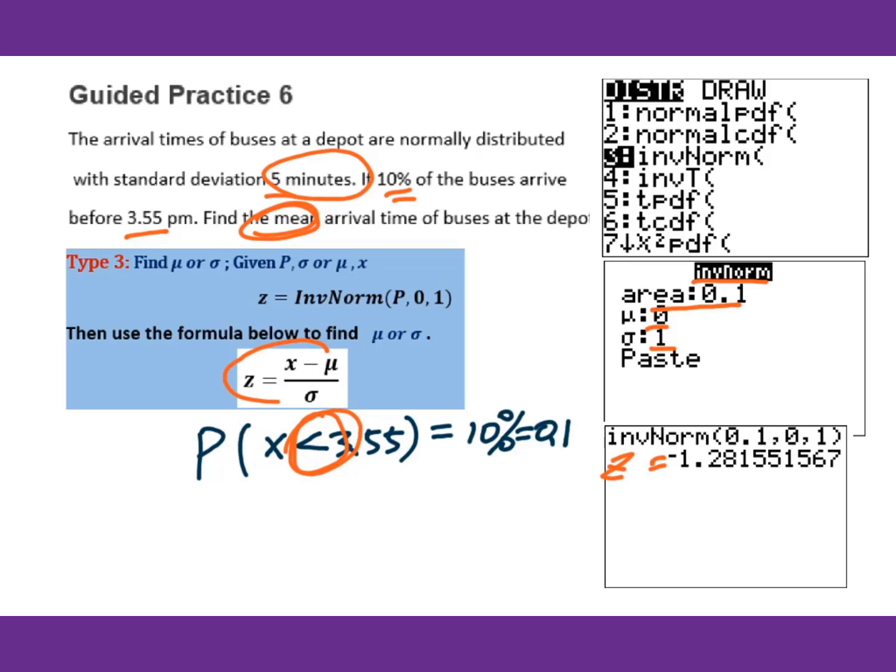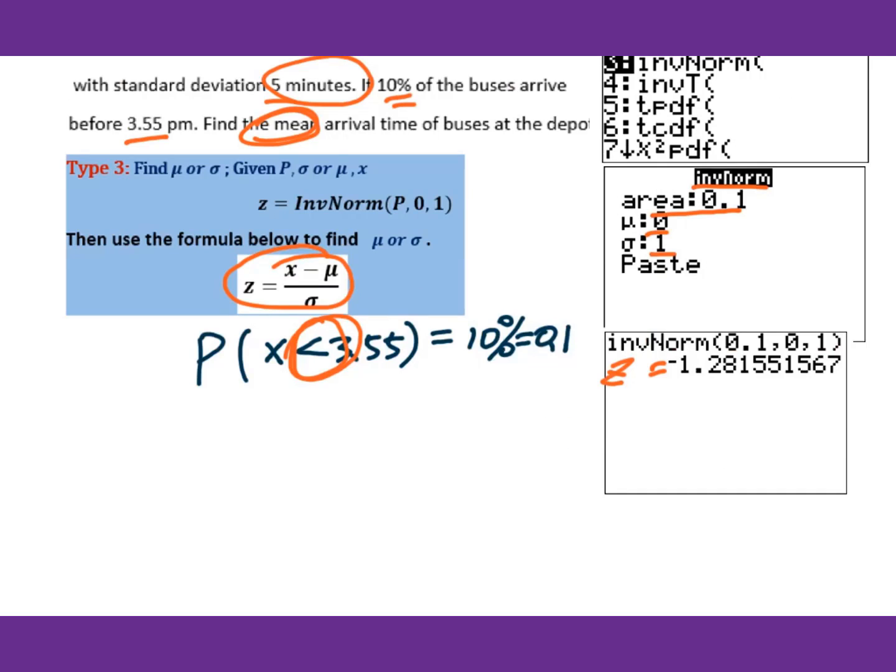We plug in here. So we get negative 1.28 equals, this x will be 3.55, minus mean over standard deviation, which is 5. Still, we've got to use cross multiply.